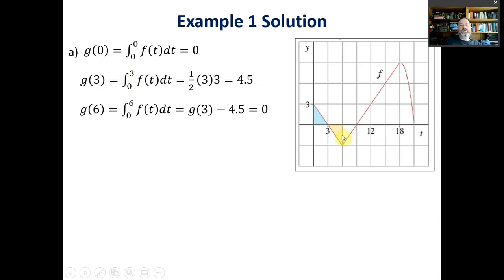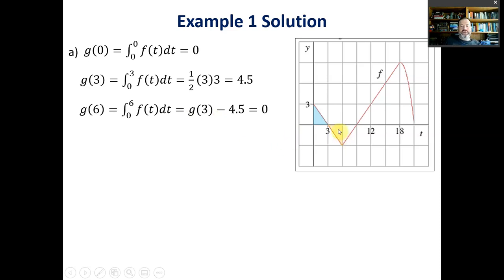Let's look at the next one here. So now we're tacking on this new piece, but we're still doing the area so far. So g of 6 is the area from 0 to 6. So what happens is we always just take our previous areas. In other words, we've already computed up to 3. So we're really just looking at from 3 to 6.